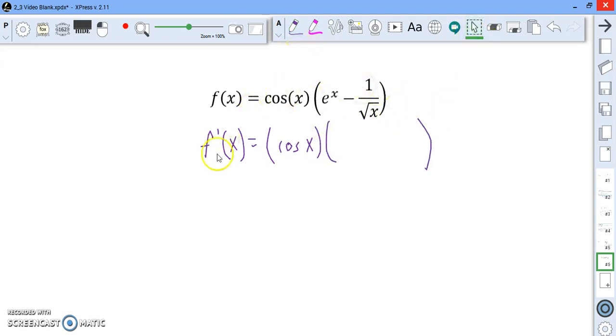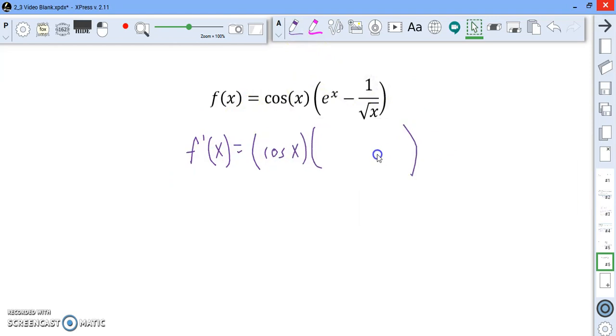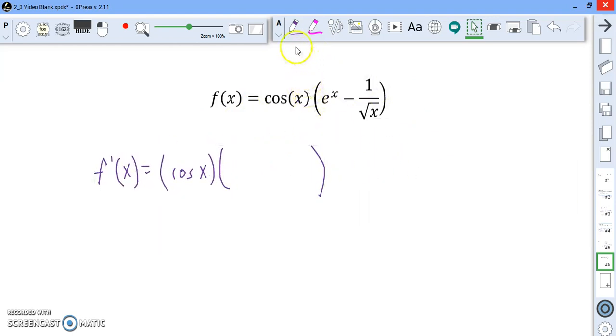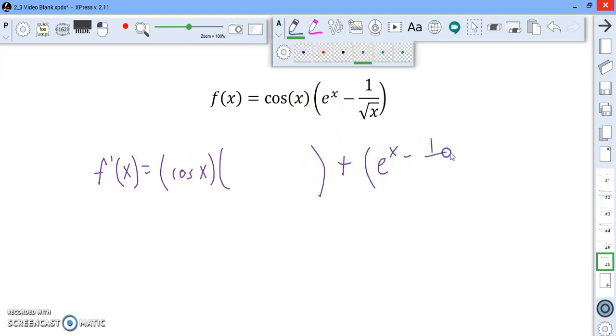First times derivative of the second plus, product rule is a plus. First times derivative of the second plus second thing times derivative of the first, negative sign. And I left this blank because first times derivative of second, derivative of this, I'm going to have to come back to that. I want to kind of write it out and then I come back to it.